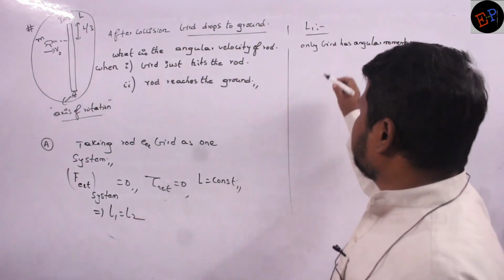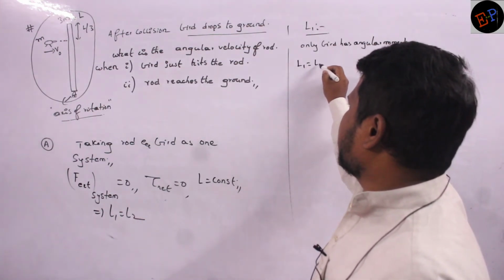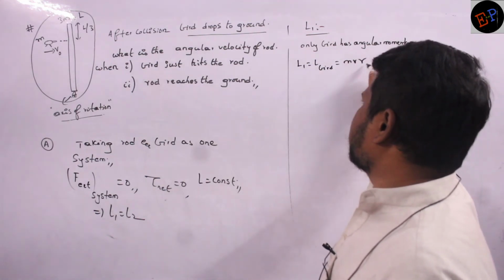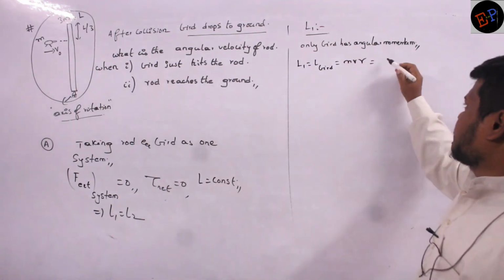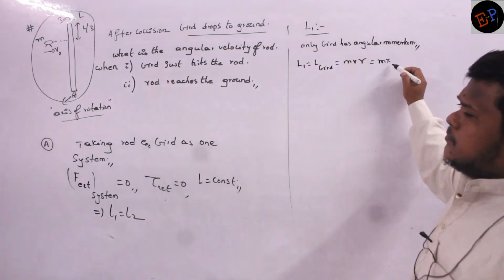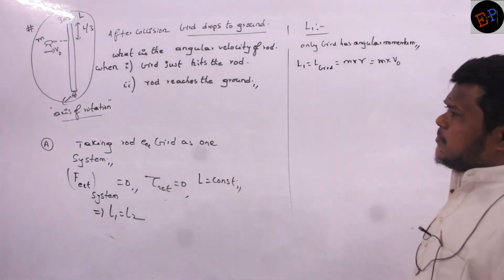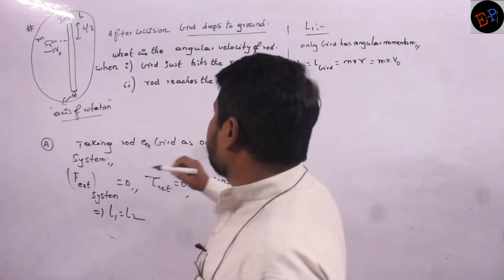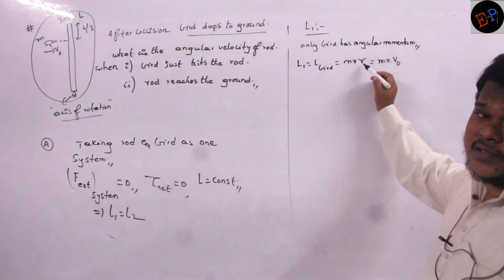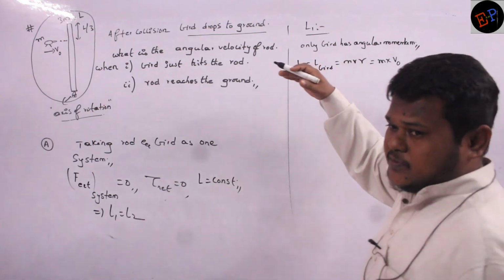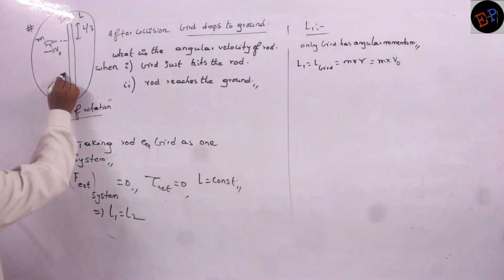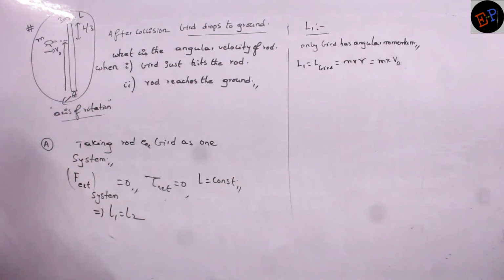So L1, that is L of the bird, is mvr. What is the mass of the bird? The mass of the bird is m. The velocity of the bird is v0. What is the perpendicular distance from the axis of rotation? Here, what is meant by r? r is nothing but the perpendicular distance from the axis of rotation. This is the axis of rotation, and from here this perpendicular distance is what I require.